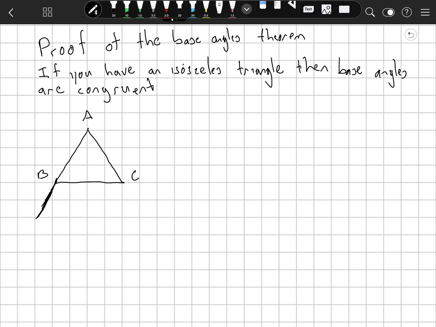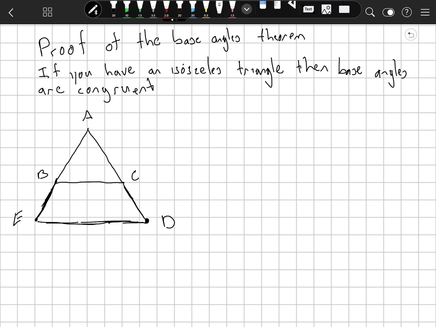I'm going to extend it out to here and call that endpoint E. And if I had a compass, I could copy BE right over to here. So I'm going to extend this out, and we'll call that D. And then I'm going to connect these two line segments.